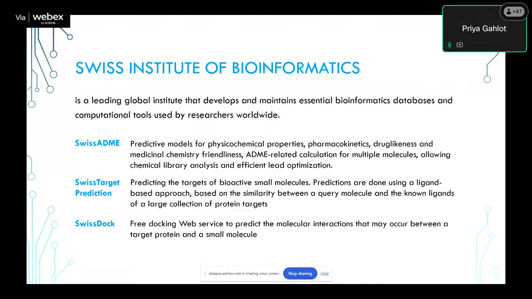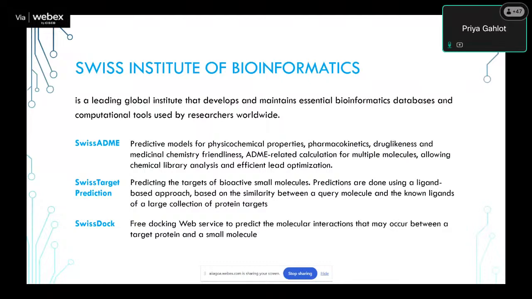There is another resource, the Swiss Institute of Bioinformatics. You must have heard about SwissADME, SwissTargetPrediction, SwissDock, or other Swiss tools. The Swiss Institute of Bioinformatics is an institute which provides services for bioinformatics databases.